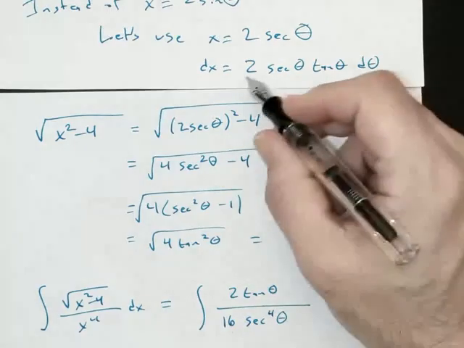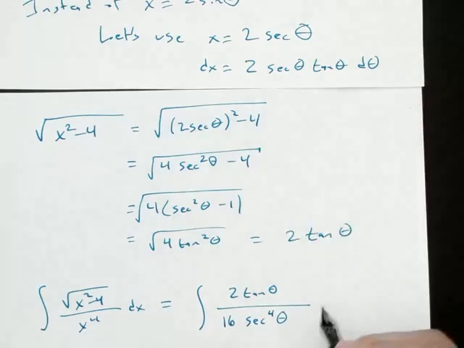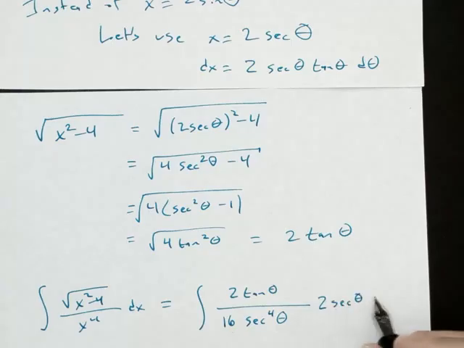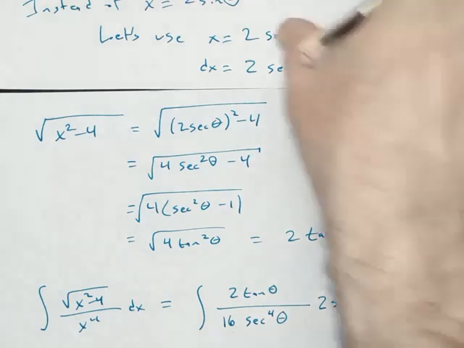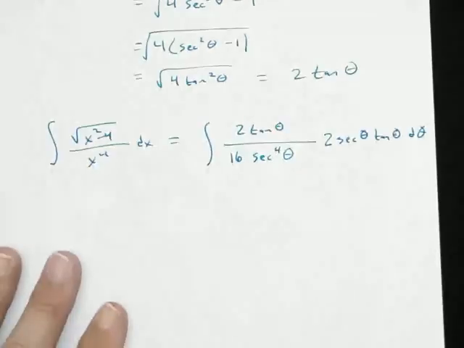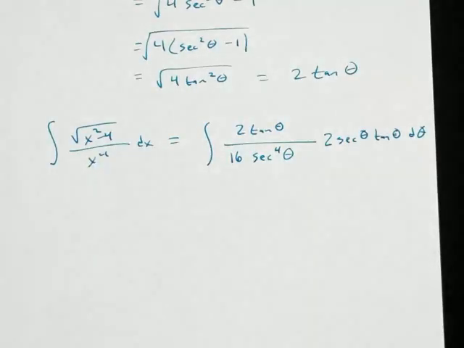And then where the dx is, I have to put the expression for dx: 2 secant theta, tangent theta, d theta. And now I'm back to Friday again, only this time my integrals are in secants and tangents.